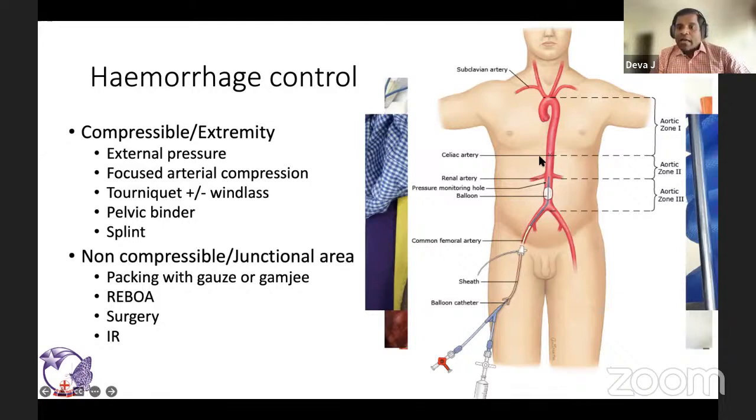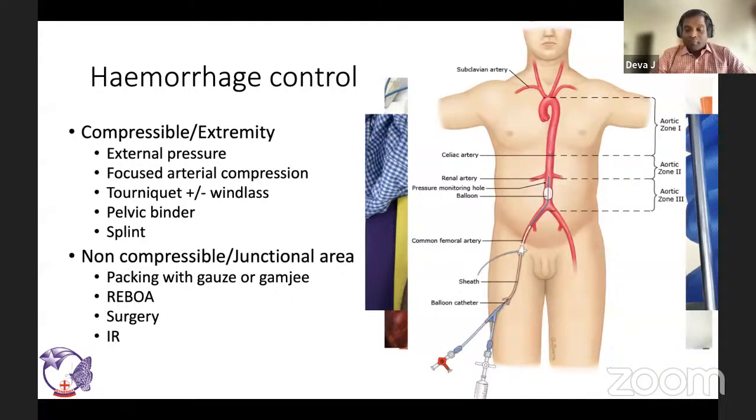Patient is bleeding into the abdomen or pelvis, into the torso quite profusely. You put a catheter through the femoral artery and you inflate a balloon in the aorta, which acts like a clamp that is applied externally, and it allows the hemodynamics to stabilize, and it gives you time to resuscitate the patient.